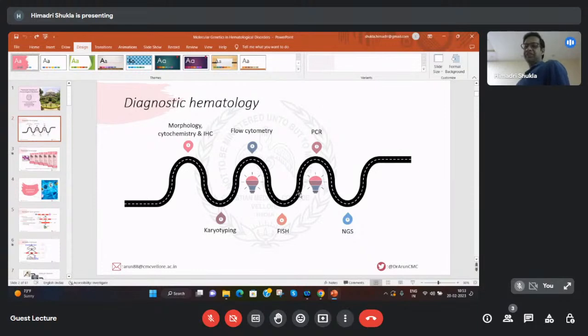And then you had FISH, and the next major breakthrough was the invention of PCR, and that really changed the landscape of how we look at not just hematological disorders, any disorders. We started exploring the reasons why something is happening and not just trying to diagnose the entity per se. And currently we are in the era of next generation sequencing.